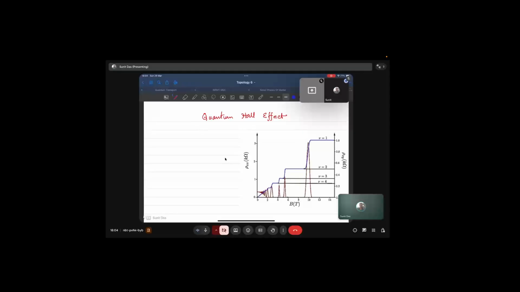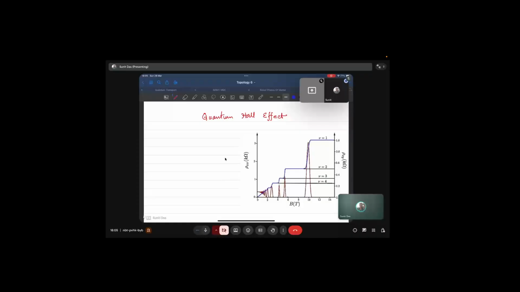Okay, so let me start today's lecture. In the last lecture, primarily, in the last two lectures at least, we were primarily solving the Landau levels. The last lecture was specifically solving Landau levels for graphene in the symmetric gauge, right?